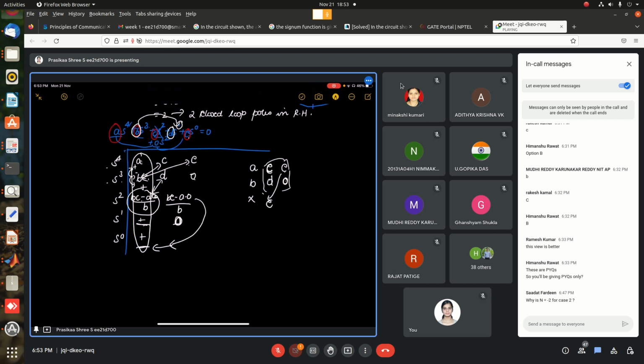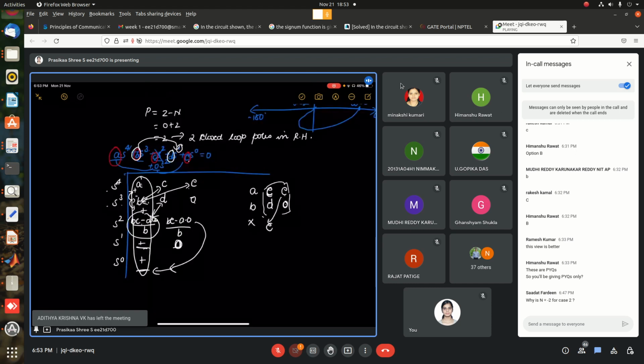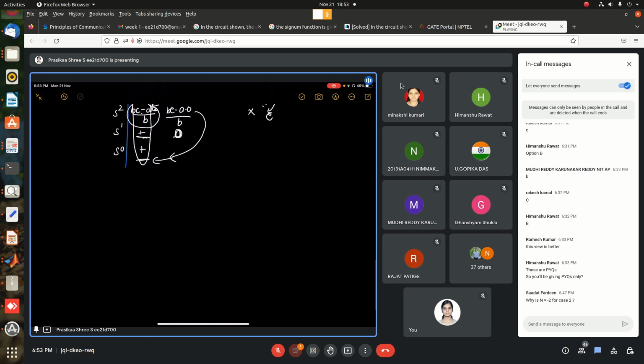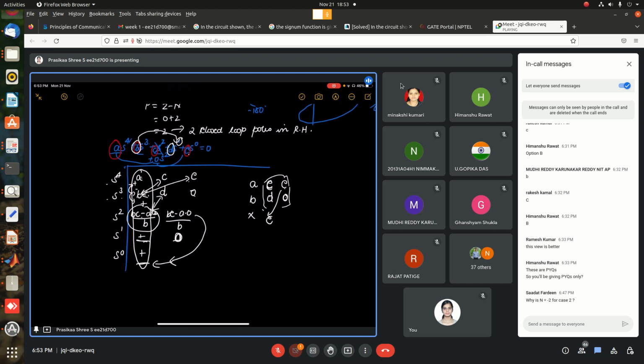That means there are two poles, corresponding to the characteristic equation of the open loop transfer function given here, open loop poles or closed loop poles, present in the right half of the s-plane.